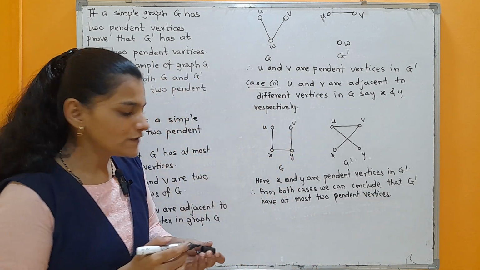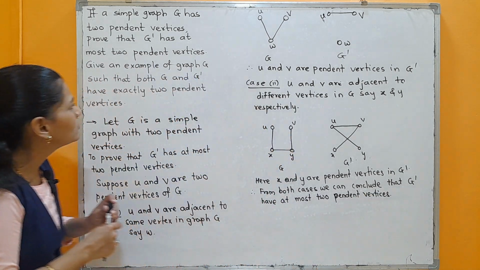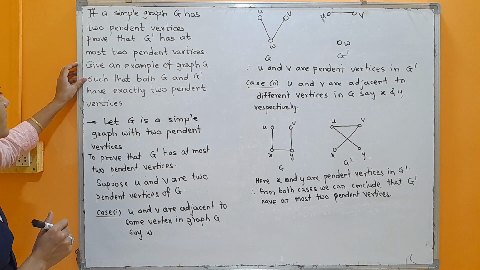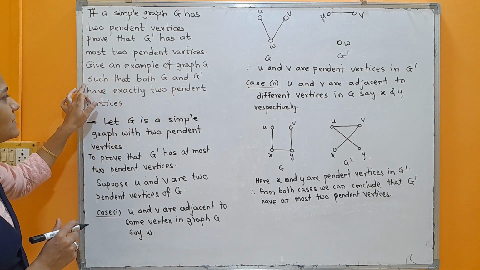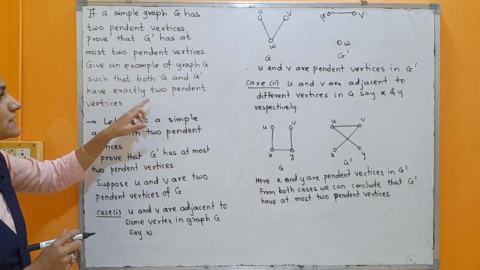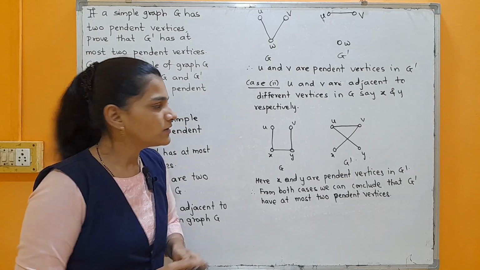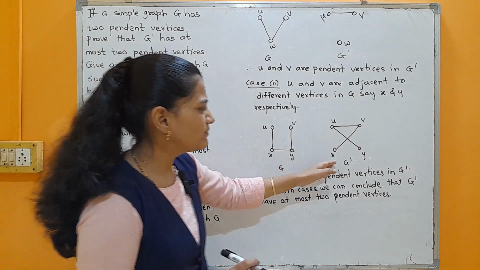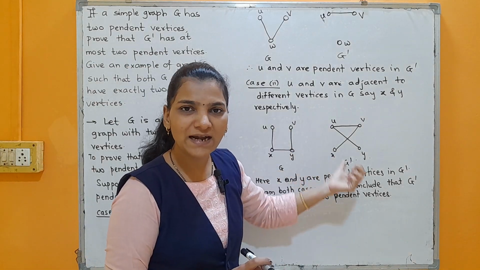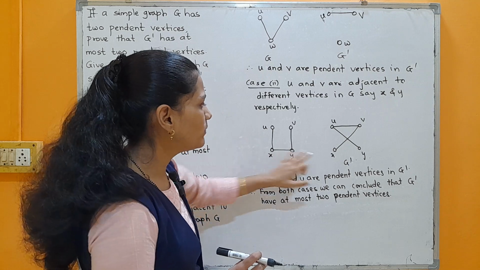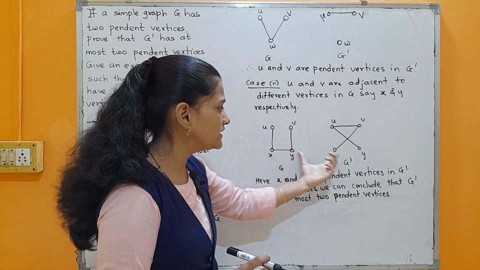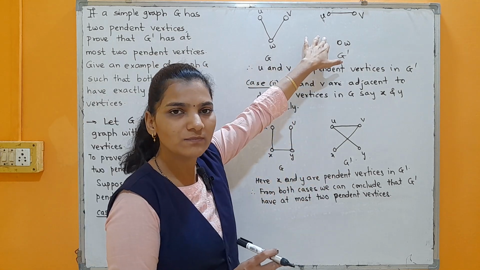Very easy proof it was. Now what have we been asked? Give an example of a graph G such that both G and G dash have exactly two pendant vertices. So these two are simply examples of graph G and G dash with exactly two pendant vertices. Either you can draw this graph or this graph.